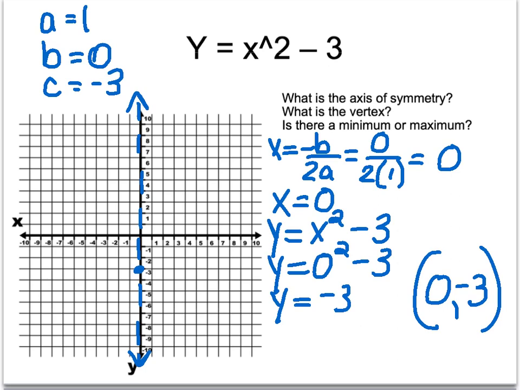If I pick 2 other points in order to graph them, 2, 1 is a point on the parabola, and negative 2, 1 is a point on the parabola. And so our parabola looks a little like this, where we have a minimum at 0, negative 3. That's our lowest point on the graph.